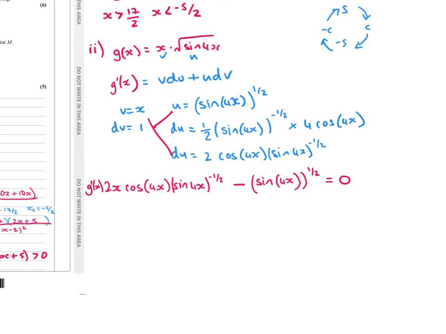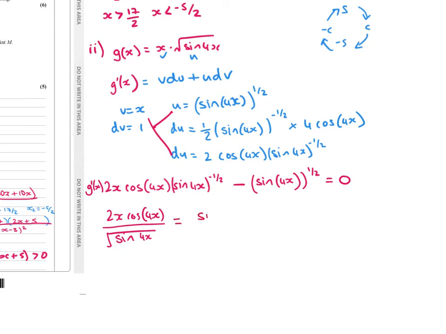What I'm going to do is have 2x cos of 4x sine of 4x to the minus a half, which actually I could write as over root sine of 4x. Everyone happy with that?